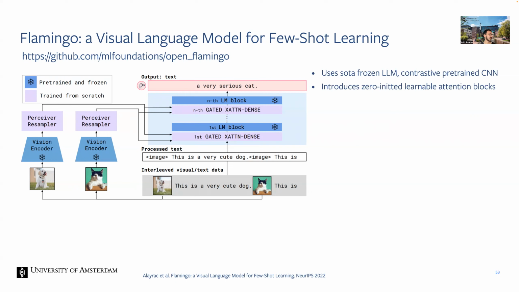And then let's look at the broader figure. Okay, so you can see you have in gray at the very bottom interleaved visual text data. So what you have here is a dog image. This is a very cute dog. Cat image. This is... and then it needs to output the text. What kind of data set is this? First of all, it's 1.8 billion aligned text-image pairs, but also 43 million web pages, which include up to 5 images plus text.